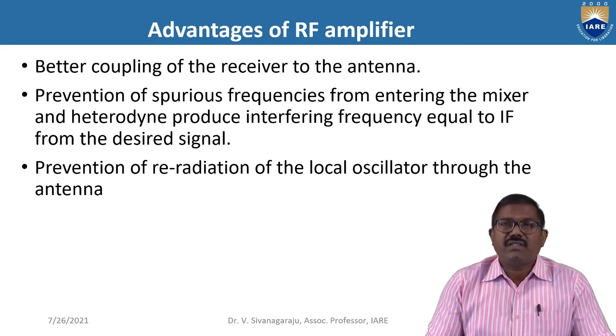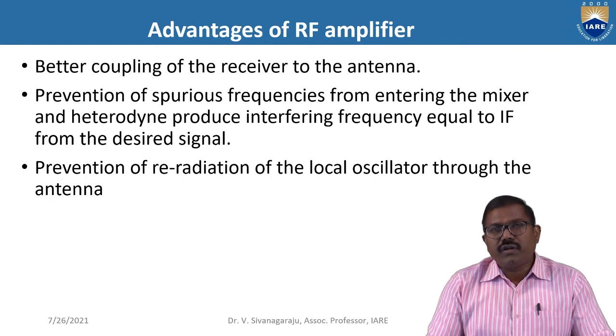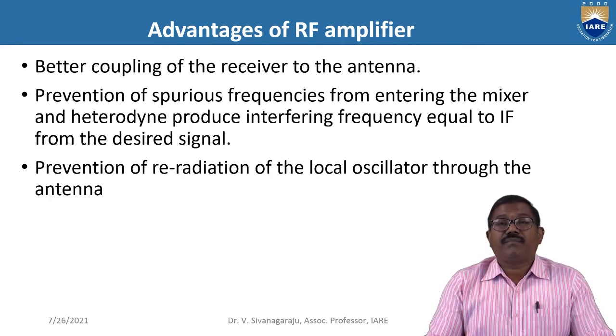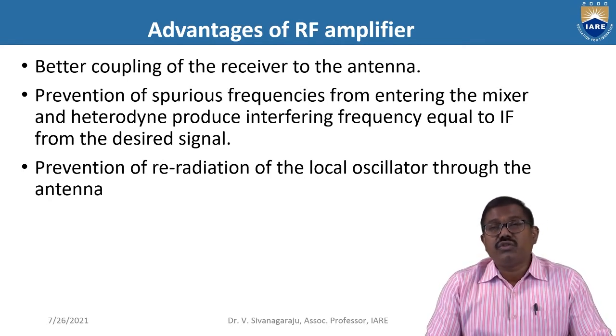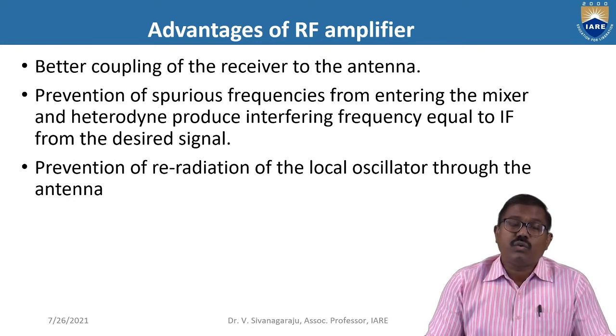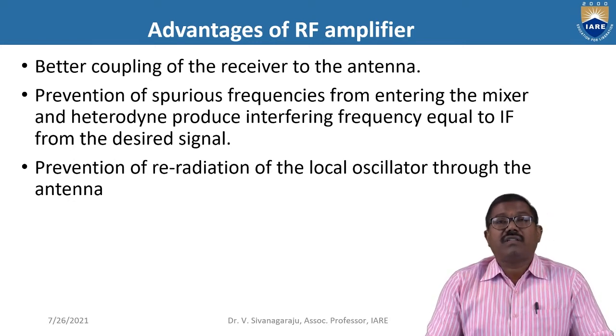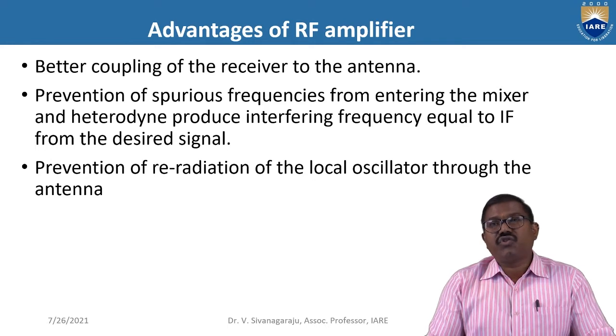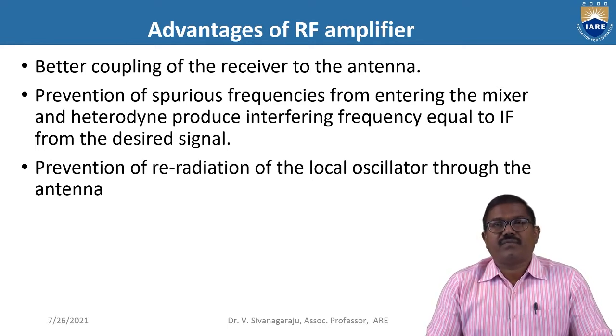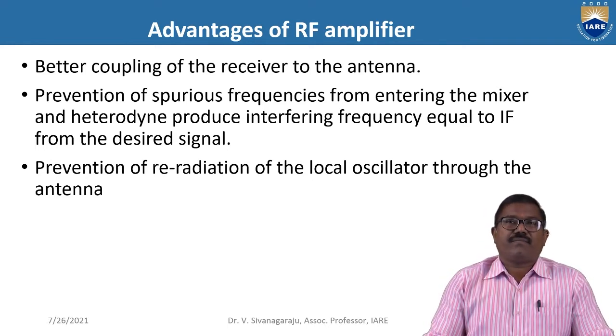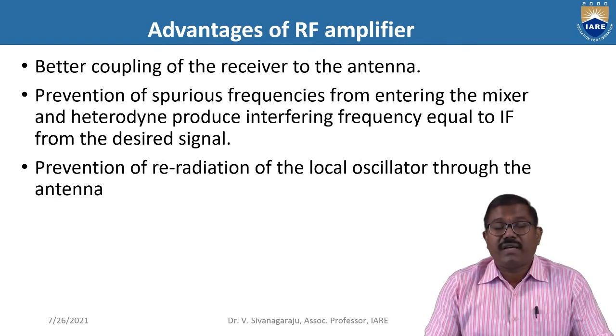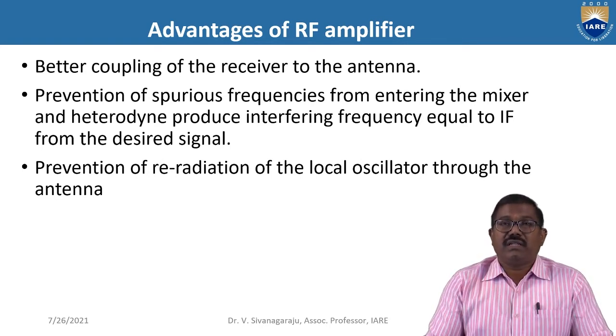Why? Heterodyne means mixing. What we mix, I already discussed: the signal frequency is mixed with our local oscillator signal frequency, producing the IF, the intermediate frequency. So this RF amplifier is very, very important in the receiver.